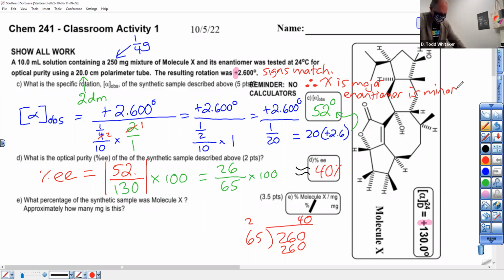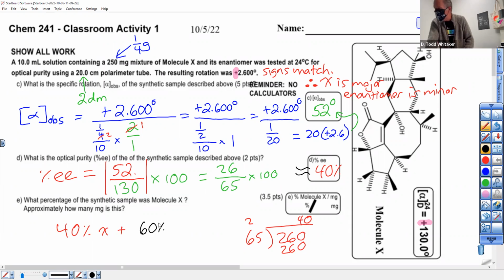Okay? So I know that I have 40% more X than the enantiomer. We did that work. So I'm going to word it like this. 40% X plus 60%. This is the part of the solution that doesn't rotate light. We had a name for that.